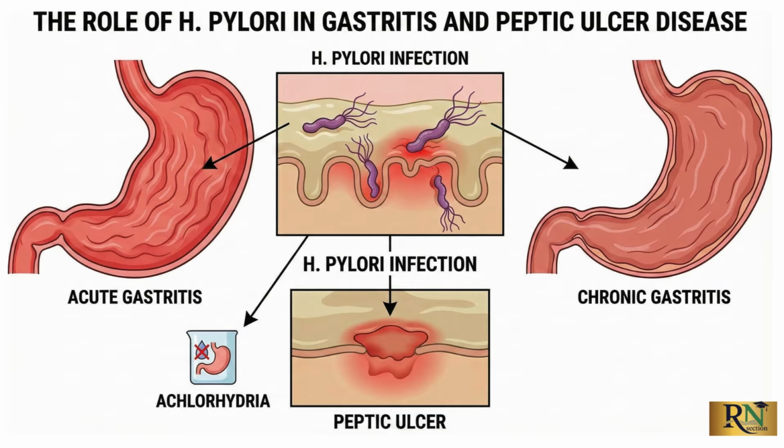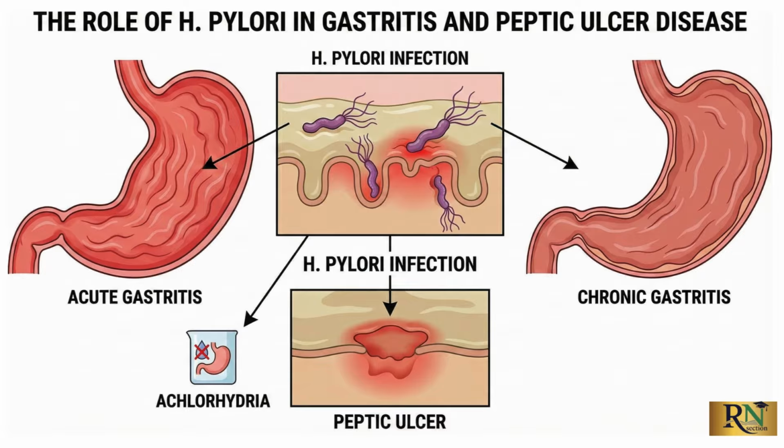Helicobacter pylori, H. pylori, this bacterium is the root cause of most ulcers and chronic gastritis. Understanding this changes how you educate patients. It is an infection, not just stress, and that's why they take antibiotics.